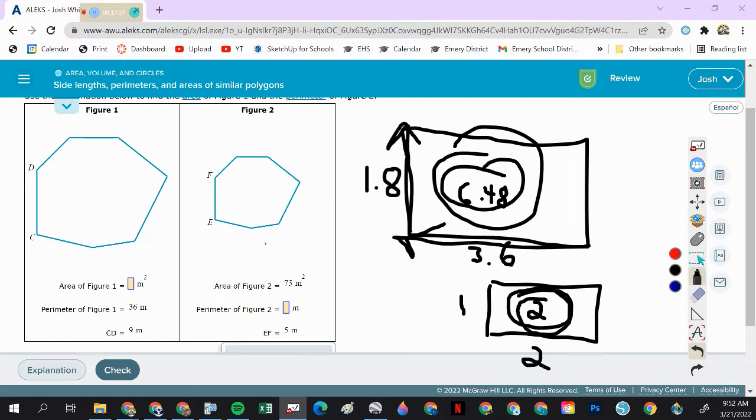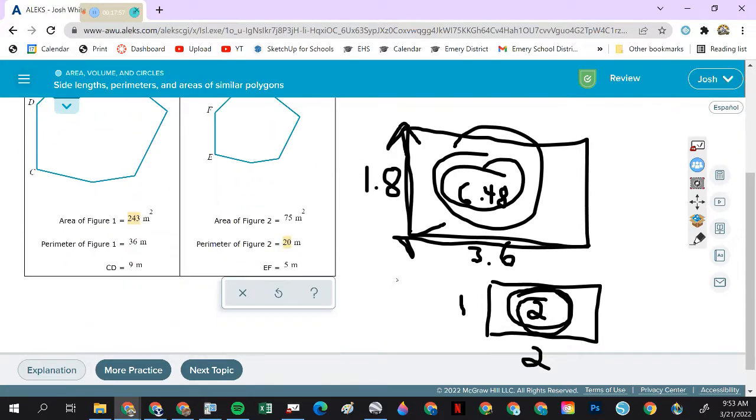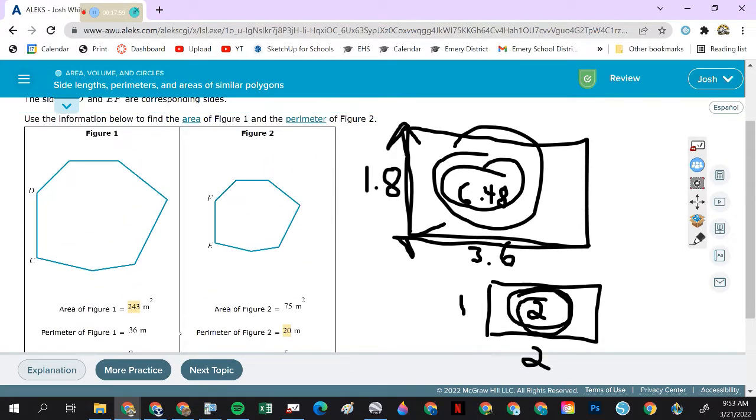I think. Should we check? Let's try it. Let's see how good I am. So 243, and this one was 36 divided by 1.8 was 20. Yay! So if you are dealing with one direction, you just times by 1.8.